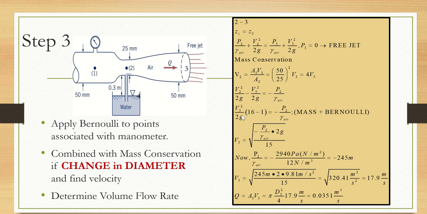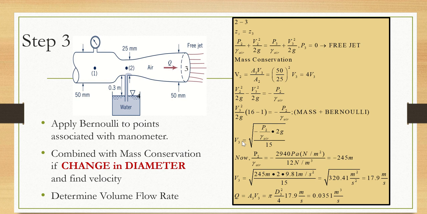So V3 squared over 2g times 16 minus 1 is equal to minus P2 divided by gamma of air. I recall that I know this value, because P2 divided by gamma of air is an expression we calculated from the manometry equation involving point 2. That's the reason why we use manometry first. That gives us some information about that static pressure point.